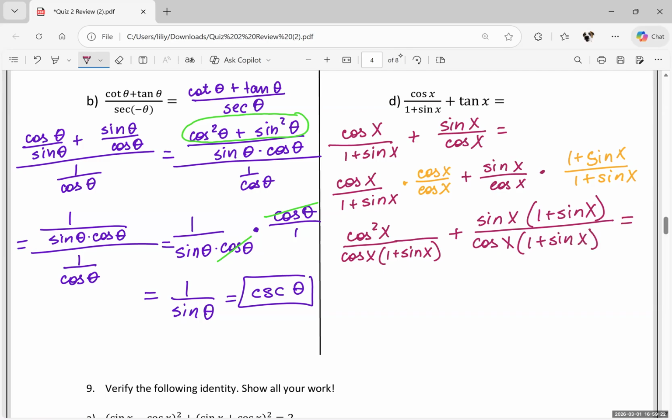Now that they have the same denominator, I can just add the numerators, but before I do that, I'm actually going to go ahead and distribute this.